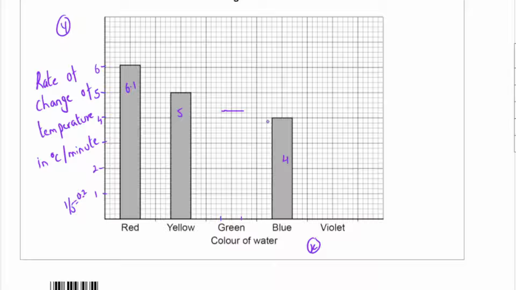Oops, yeah, there you go. And then straight down. Ideally, you want to use a ruler. That's 4.3. The violet is 3.7. So 3.7 is going to be, that's 3.6 and 3.7.